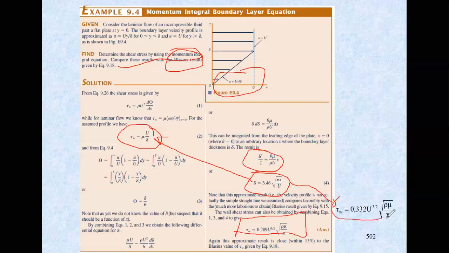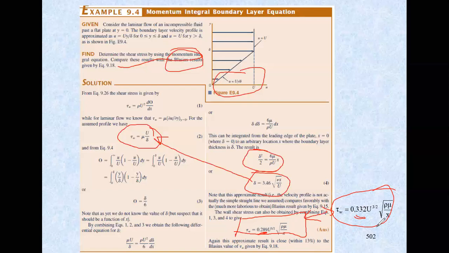This is the Blasius solution, and this is the momentum integral solution when you have a linear velocity profile. Sorry, it should be with this one. This one and this one. So you only have a different coefficient on this. 0.289 over here, and you have 0.332 using the Blasius solution.